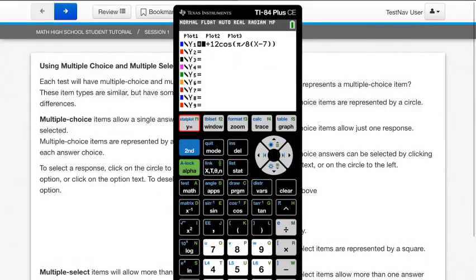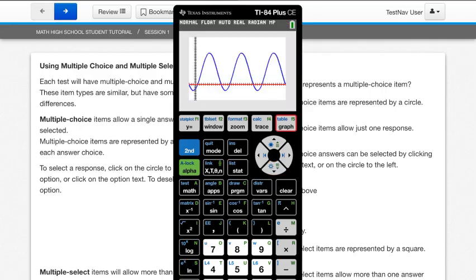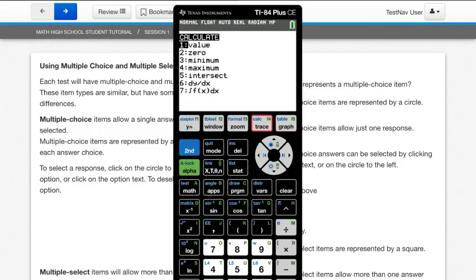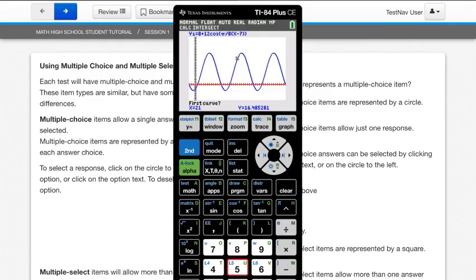So go to y equals, make y2 equals 0, let it graph. It's that red line. Okay, now we want to find the first time. So second trace, intersect, enter, enter, scroll.